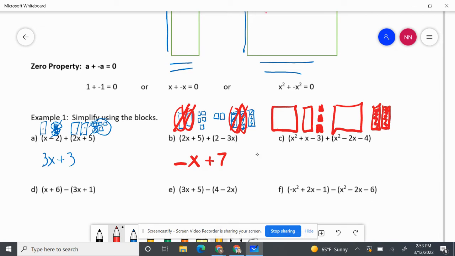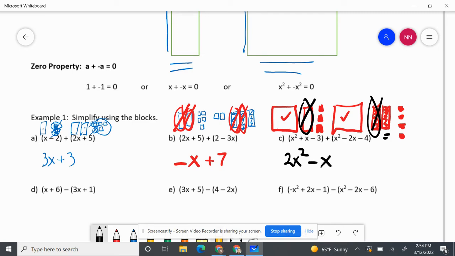And then I have -4, so -1, -2, -3, and -4. So the x squared and the x squared become 2x squared. And then I have an x and a -x, and that cancels and becomes 0. So I'm left with a -x. And I have 3 negatives and 4 negatives, so that would be a total of 7 negatives.